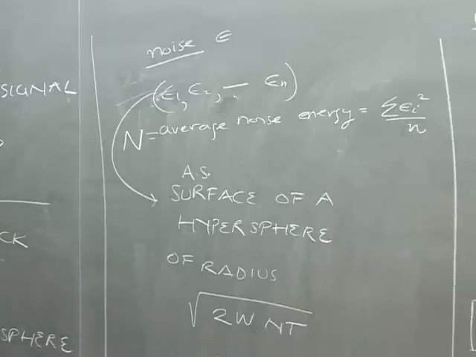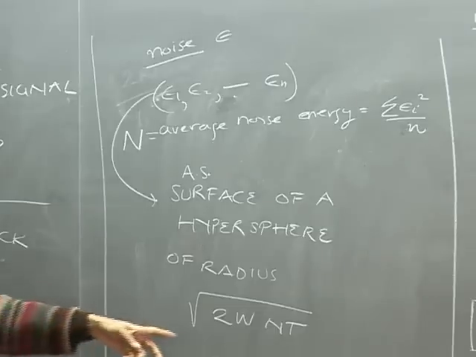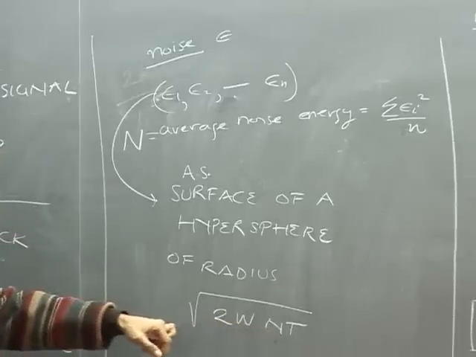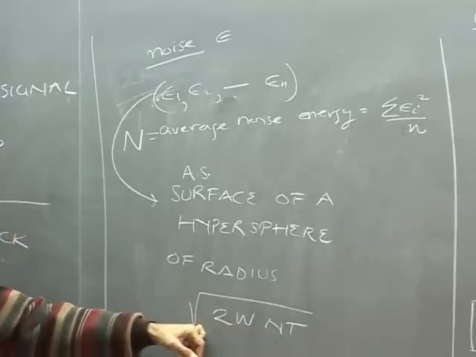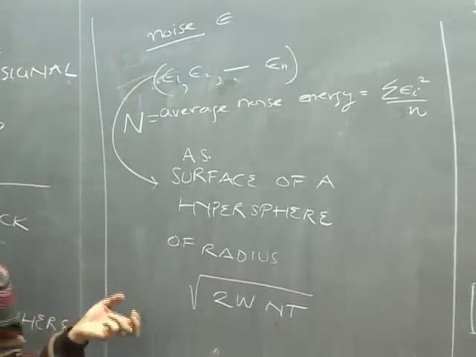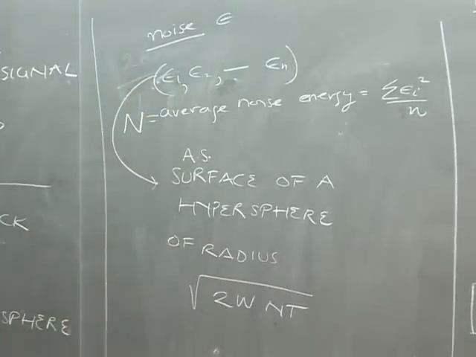Now why do we get the 2WNT? Because if I have n values of the signal, each one of them has an associated noise value. I'm not getting this n because I'm trying to code anything at all. I'm just sending n values, 2WT values. Each of them has a noise, so I'm getting 2WT from there, and the average power is N. So average energy is N, so I get this being the sigma epsilon i squared, and then I take the square root, that's the radius. Okay? So far so good?